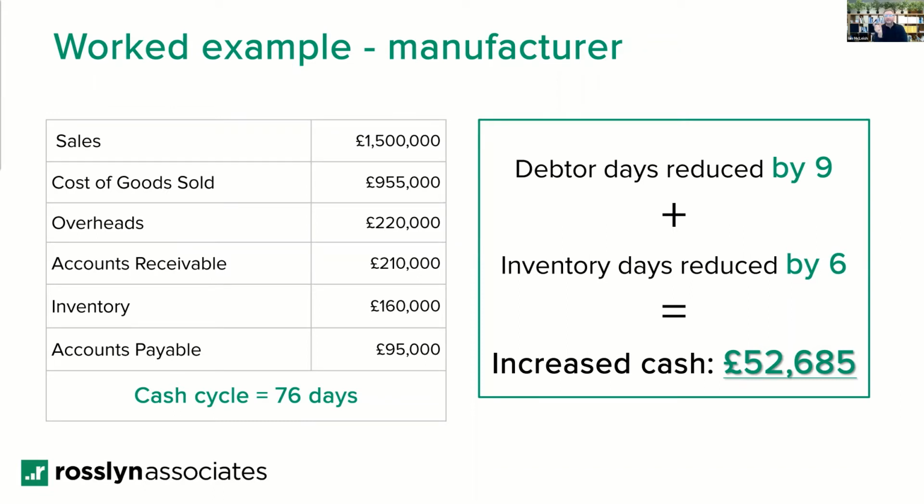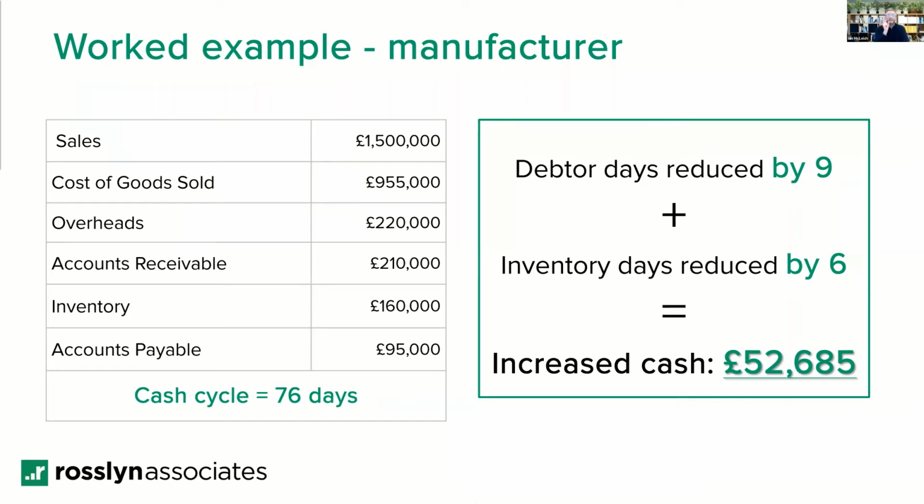Okay. Inventory, very similar. You've got 160,000 on the shelf. Over a year, you use 955,000. If you look at the second one down, divide that number by 365, and then divide that number into 160, and it will tell you how many days of stock you have sitting on the shelves.